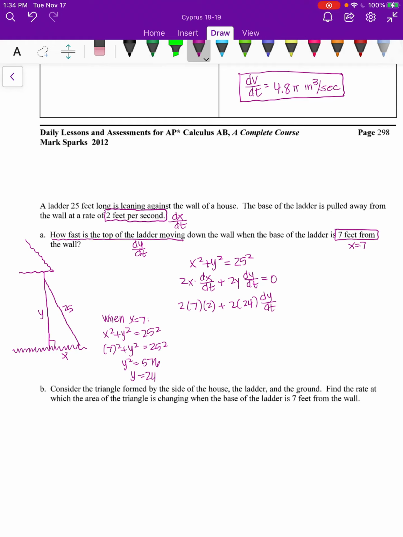And that's what I plug into my differentiated equation. So now I have 2 times 7 times 2 is 28, plus 2 times 24 is 48, dy/dt. I forgot to write equals 0 here.